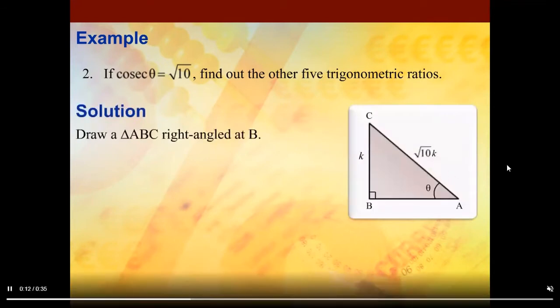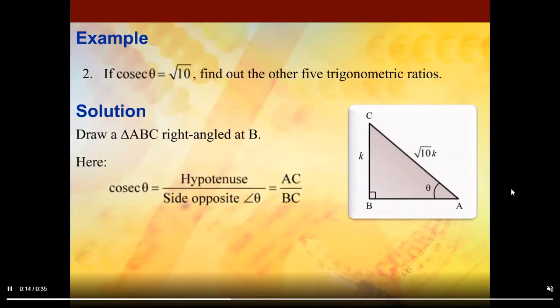So draw a triangle ABC with a right angle at B, and put theta at A. So cosecant theta will be hypotenuse divided by opposite side. Here hypotenuse is AC and the opposite side is BC, opposite to angle theta.